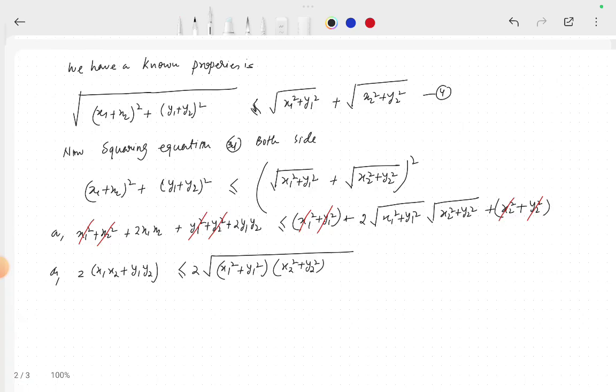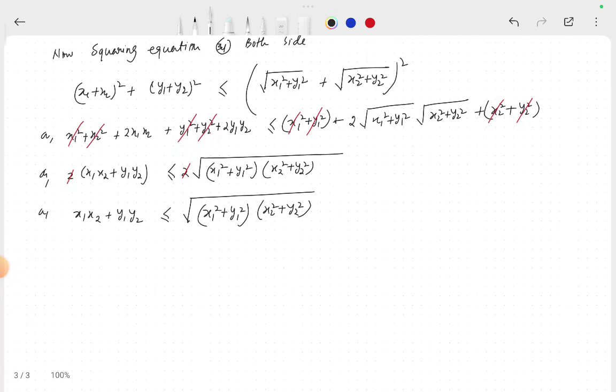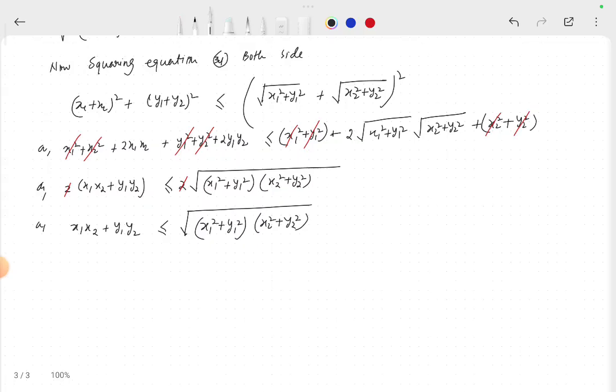So the 2 cancels on both sides. What do we get? x1x2 plus y1y2 is less than or equal to root under (x1 square plus y1 square)(x2 square plus y2 square). That is equation number 5.